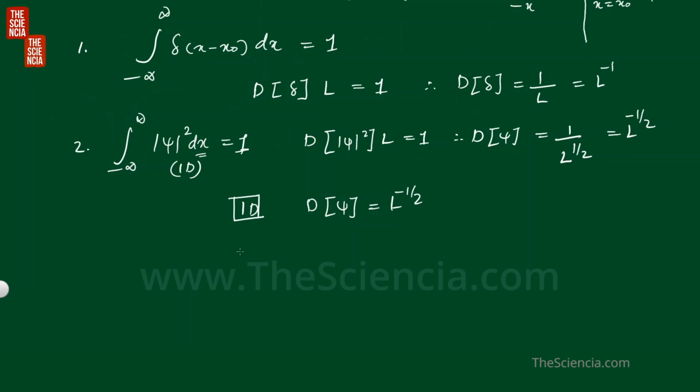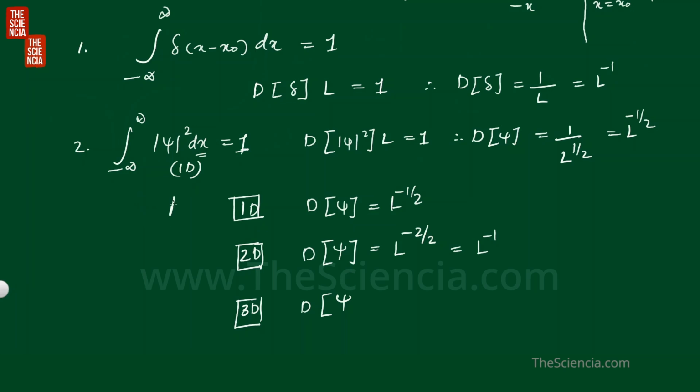Then what will be the dimension of a wave function in the 2D case? Here psi is a function of x and y, so the dimension will be L raised to minus 2 by 2, that is L raised to minus 1. And for the 3D case, psi is a function of x, y and z.